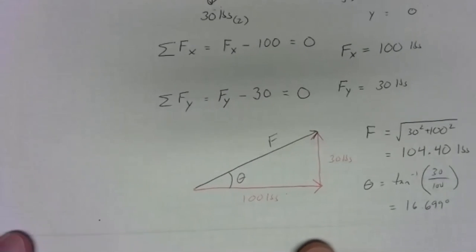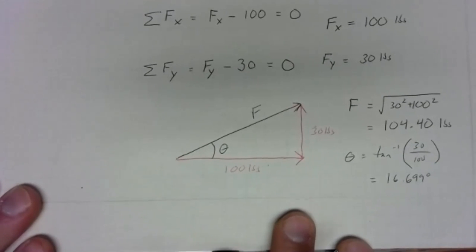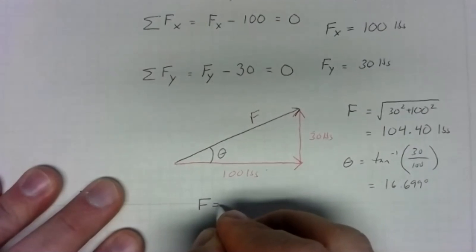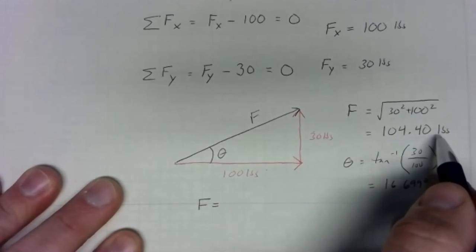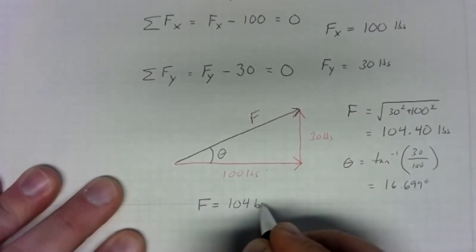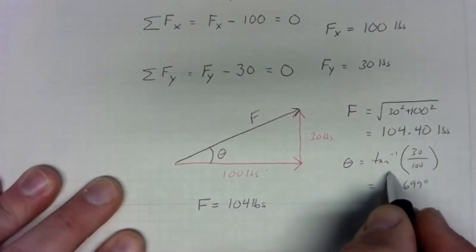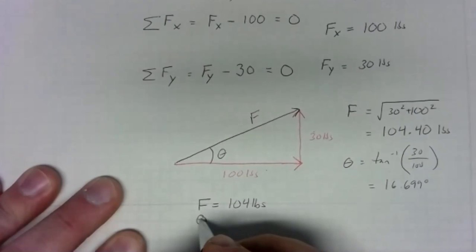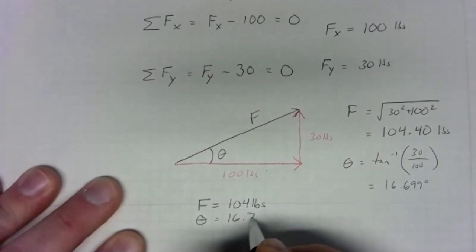We can go off to the side now or back to our answer sheet or wherever we're going to formally put our final answers, and we can say force is, rounded down to 3 sig figs, 104 pounds. Don't forget the units. And the angle rounded to 3 sig figs would be 16.7 degrees.